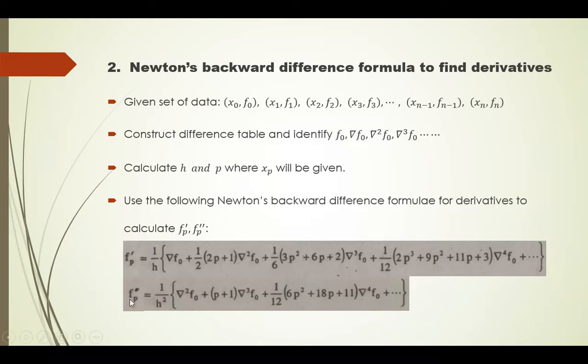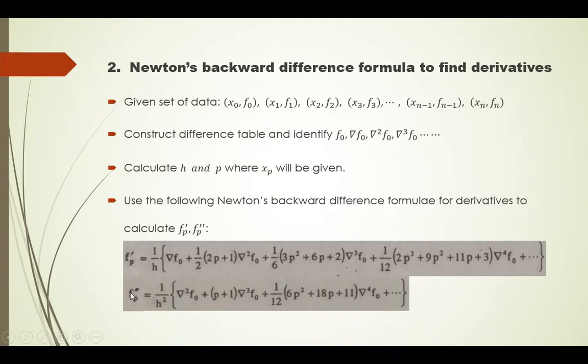The derivative of 2p is 2, so 2 by 2 cancel, so we'll get nabla square f naught. The derivative of 3p square is 6p plus 6 plus 0, 6 is common, so 6 cancels, p plus 1 will be left, multiplied by nabla cube f naught, and the same thing goes here.